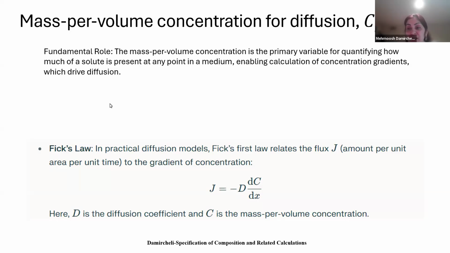In chapter 6 of the book you will see that we use Fick's law. And what is Fick's law? Fick's law is J equals minus D dC per dx.